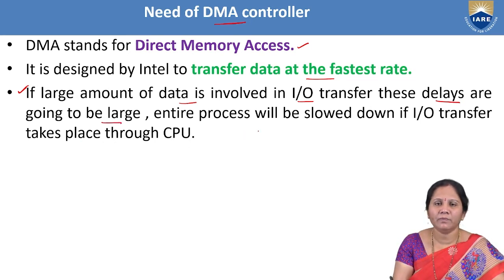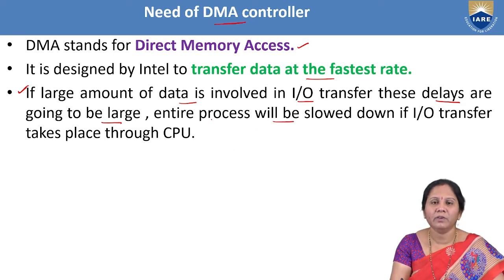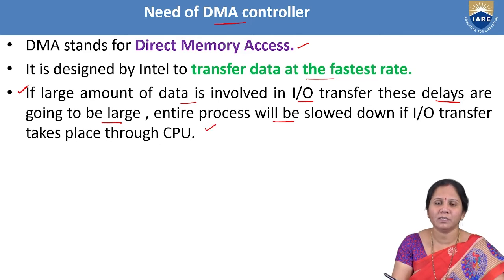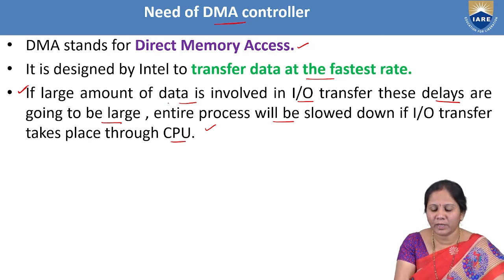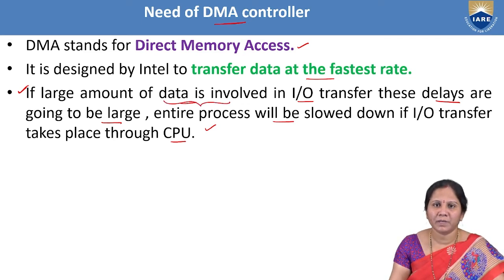If delays are very large, the entire process will be slowed down if the data transfer between IO devices and main memory happens through the CPU. So the problem mainly occurs when a large amount of data is transferred between IO devices and main memory.